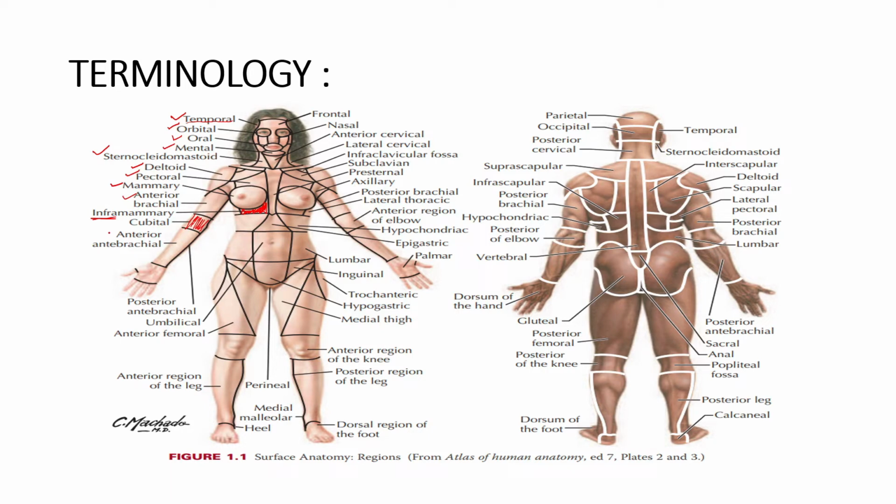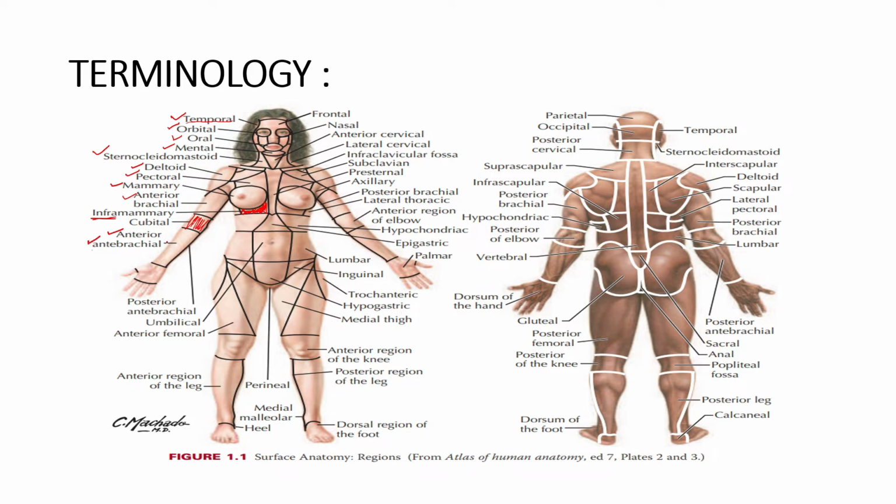Now next comes anterior antebrachial. Now why anterior? Because this is the front portion. Now antebrachial means front of the brachial portion. Here another artery is there, from here to here, that is called brachial artery.